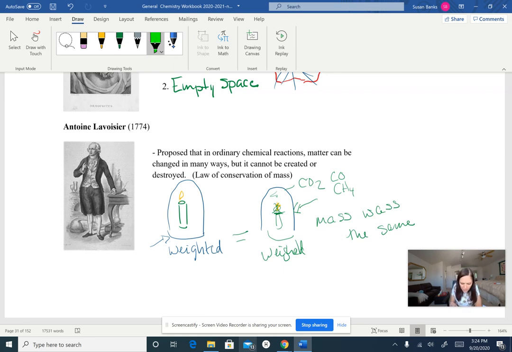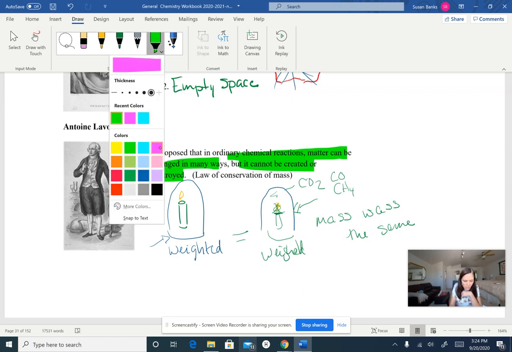He proposed that in ordinary chemical reactions, matter can be changed, like the candle changed, right? We don't have candle anymore after we burned it. But the matter cannot be created or destroyed.